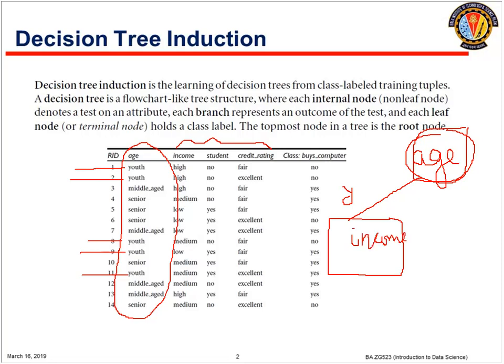Income has different values: low, medium, high, so you'll again make 3 splits. Let's look at the left, the low income case.